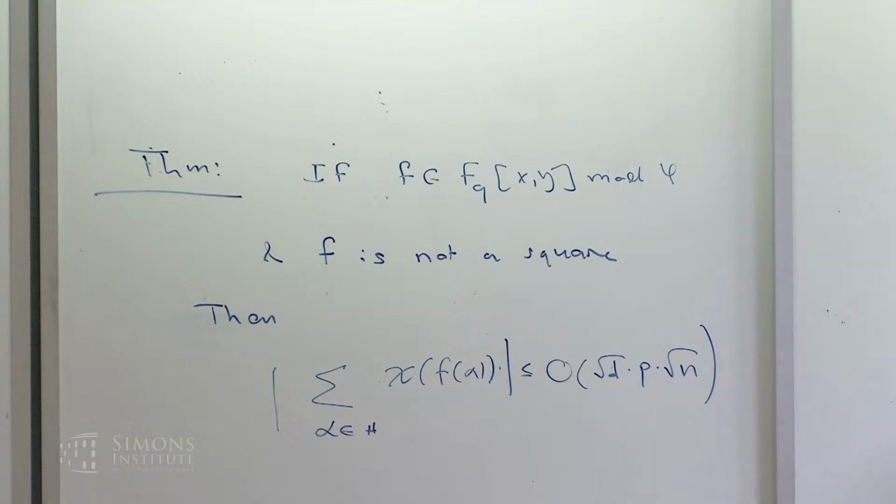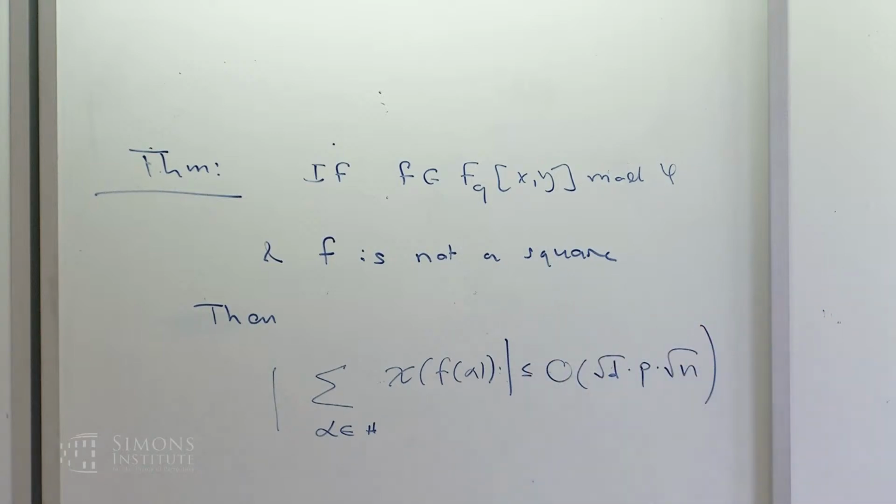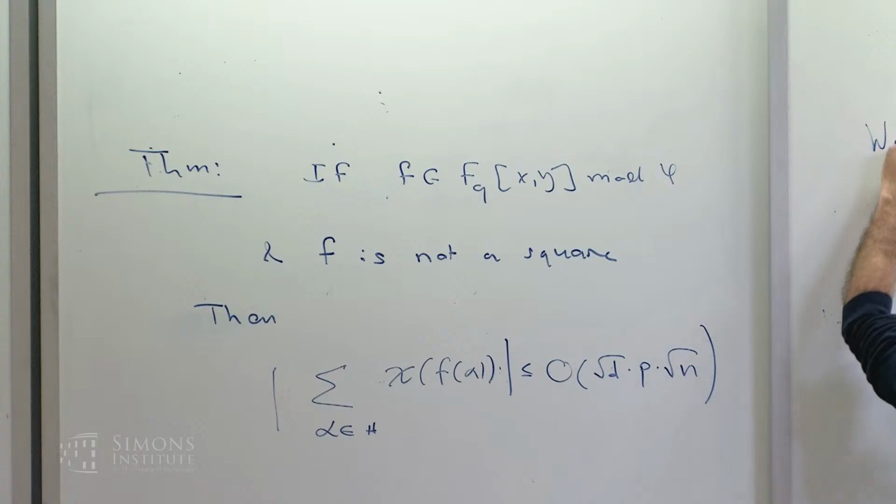Now, I already told you that we are going to prove it with the Stepanov bound. So let me tell you about the way Stepanov proved Weil bounds in 1970. The claim he was trying to prove is the following bound. I wrote it before.